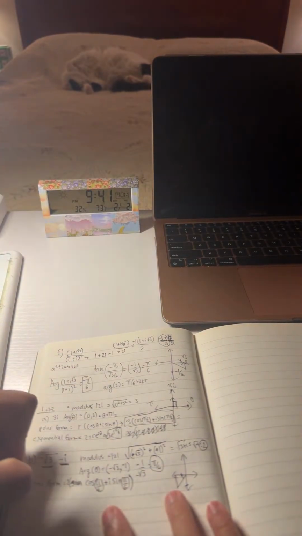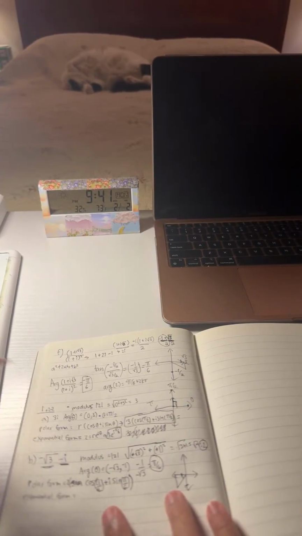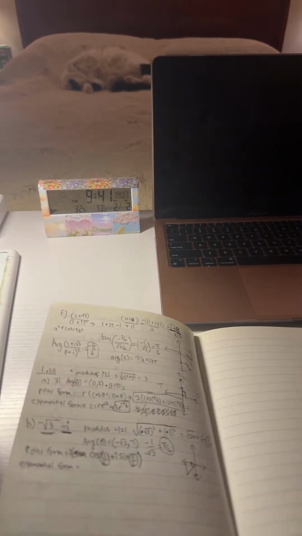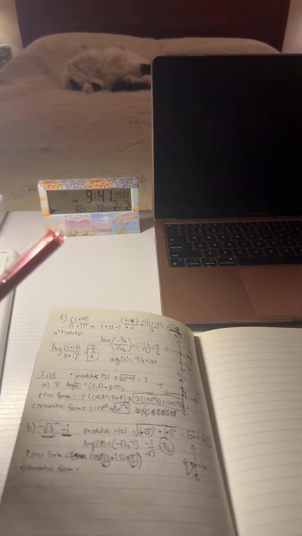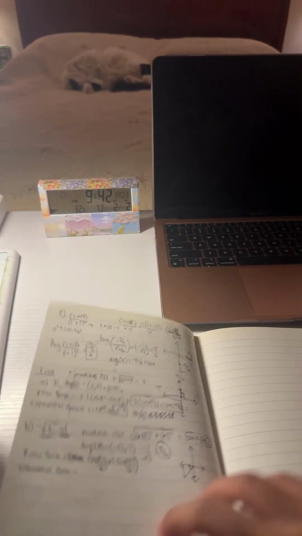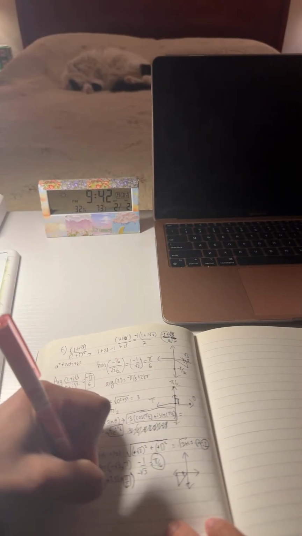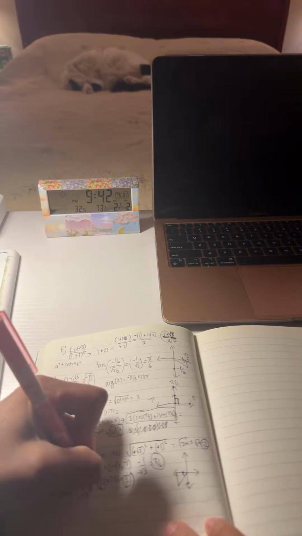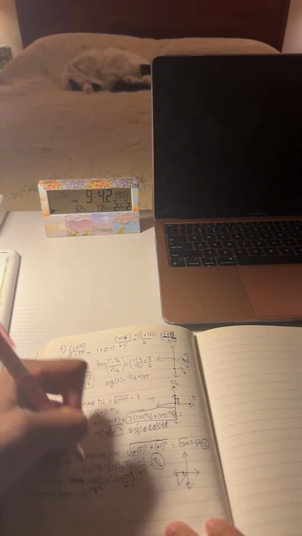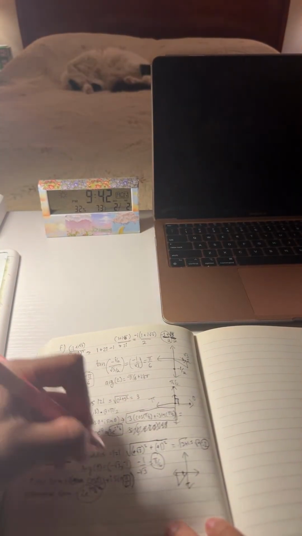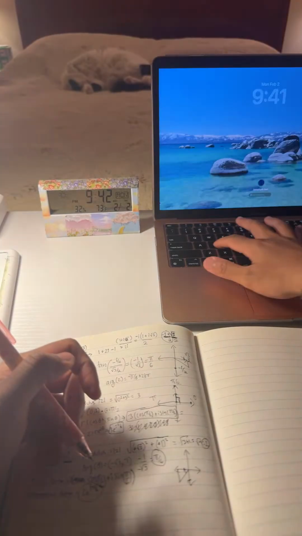So that's the polar form, and then the exponential form is equal to r e to the i theta, r being 2, e to the i, theta being pi over 6. So let's check if we got these two right.